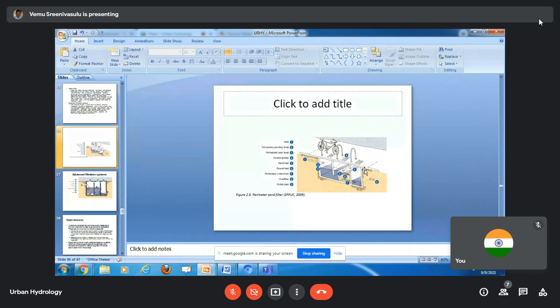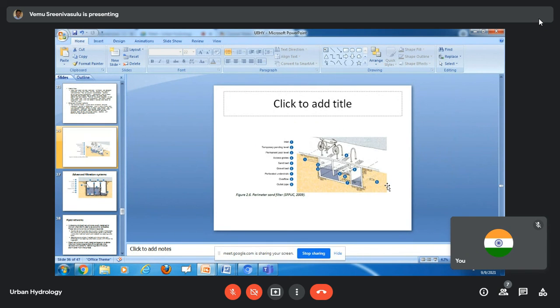So these are the advanced filter systems. So below the road, we have this type of sand filters. Okay. There are 3 chambers. This is 1, 2, 3 chambers. So this is the inlet. From there the water will go into this one. So here all the waste gets deposited and then only water will flow to the third chamber.